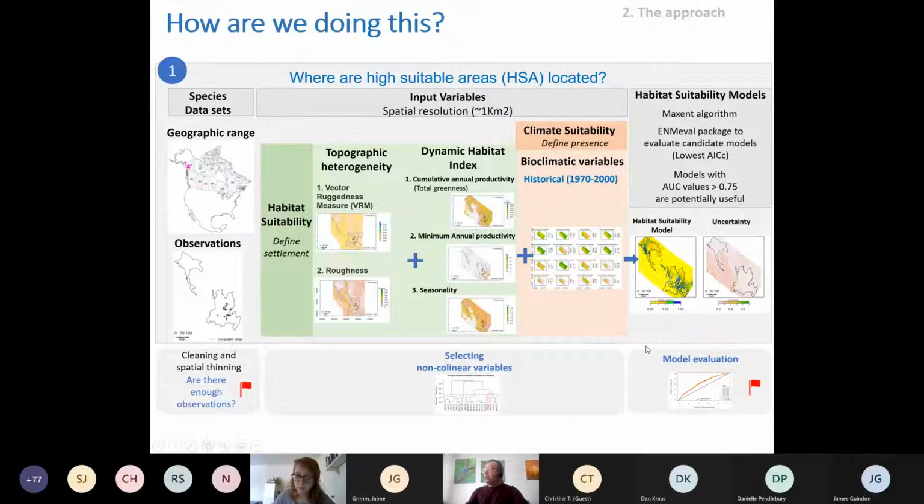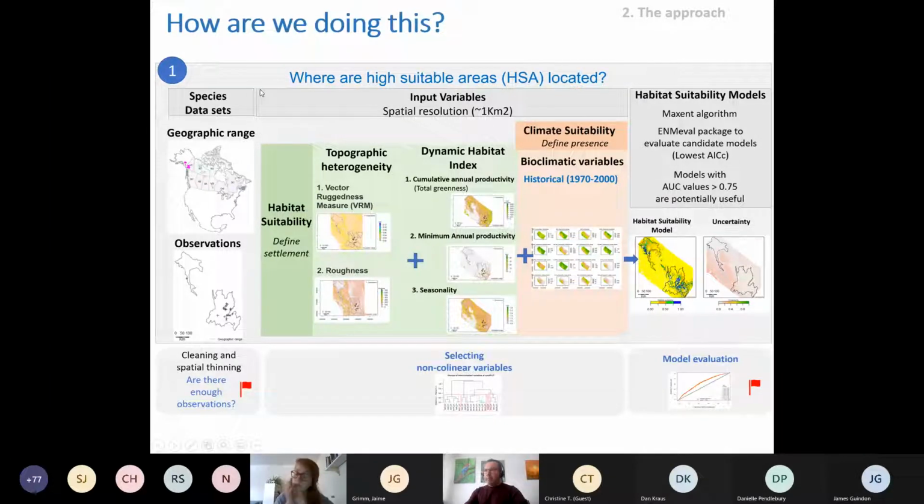And then for the habitat suitability model we use Maxent as an algorithm, because it has shown good performance with a small number of observations, but also because we have this package, ENMeval, that allows us to evaluate different candidate models and evaluate different components that are important for the final outputs.